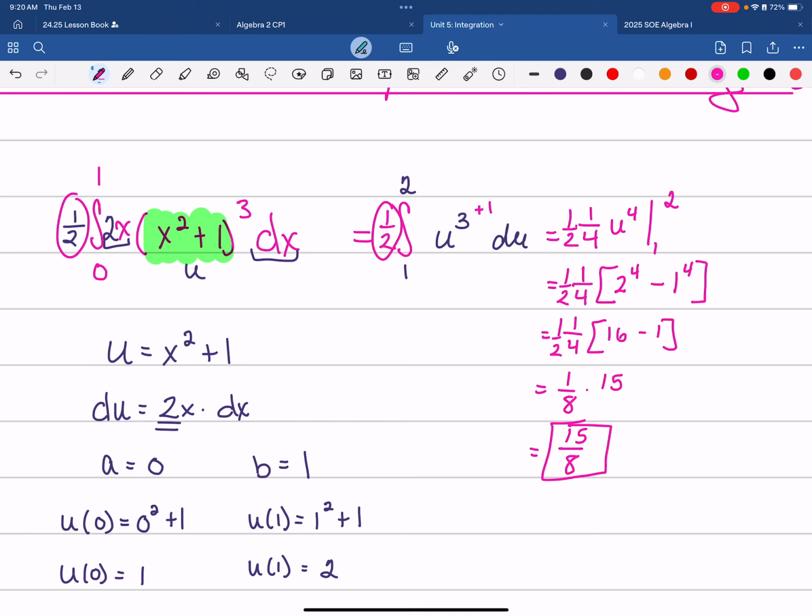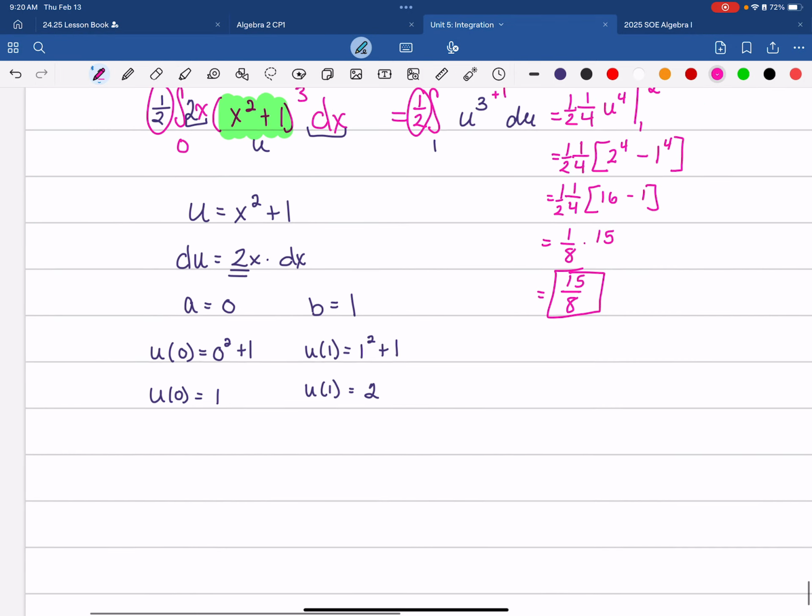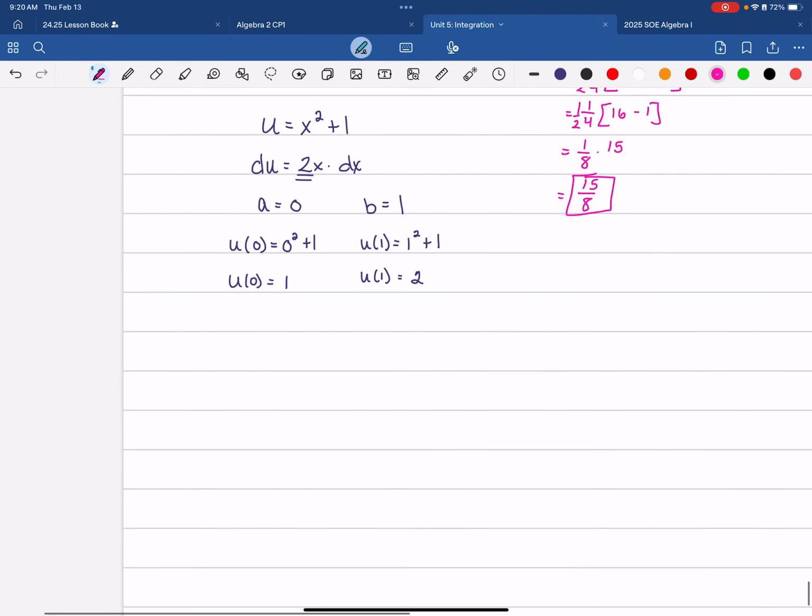All right, let's try another one. We have the integral from 1 to 2 of 3x squared plus 1 all over x cubed plus x dx. All right, these ones can be a little confusing sometimes because they both just look like expressions, right?